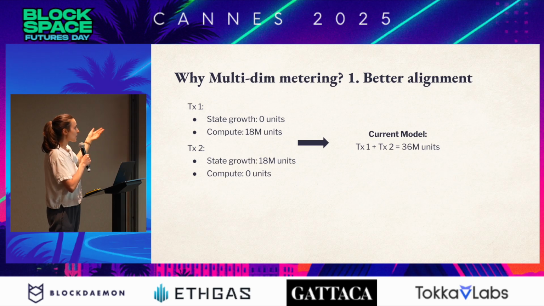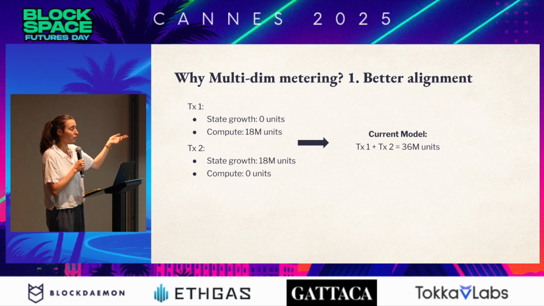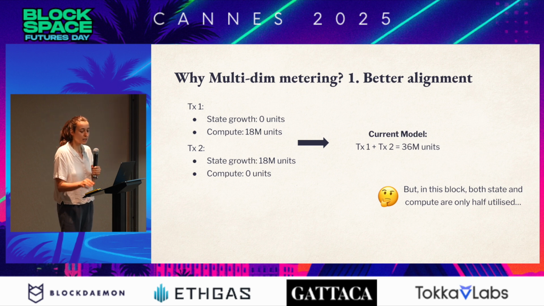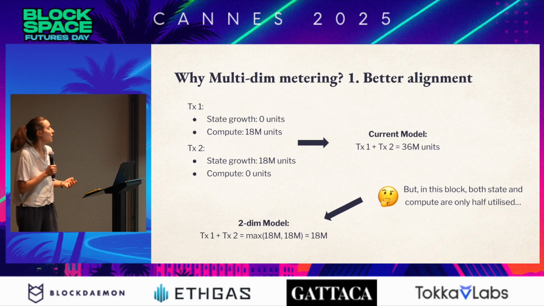So in this example, if we had two transactions where one of them only uses compute and the other one only uses state, the total usage in the current model would be 36 million units. So we would be already at the limit, right? But if we think about it, this block is not at the limit in any resource, right? For state we are just at half, and for compute we are also just at half, okay?